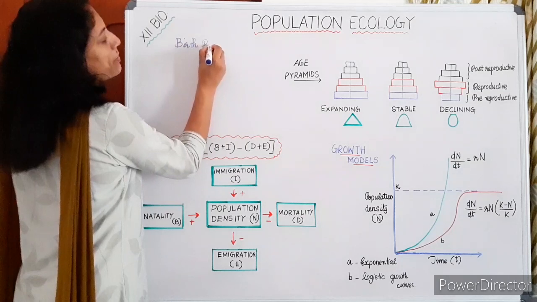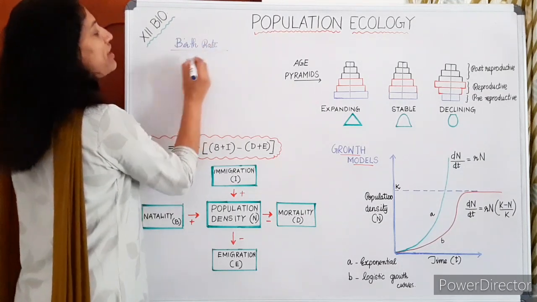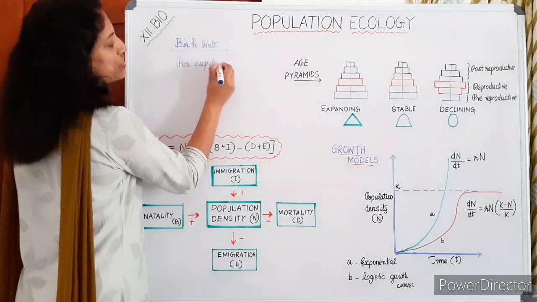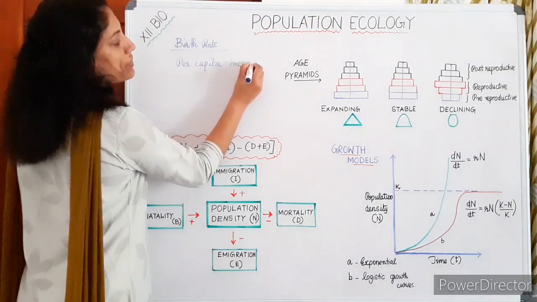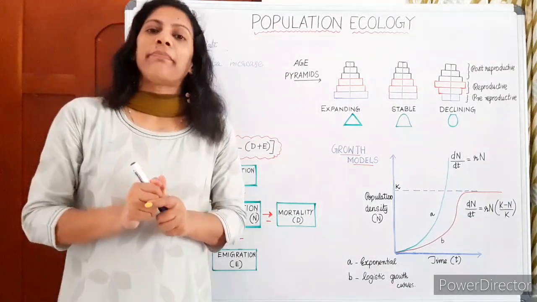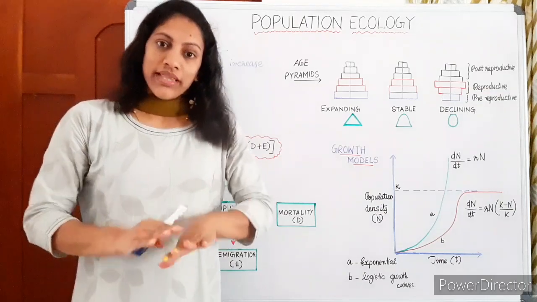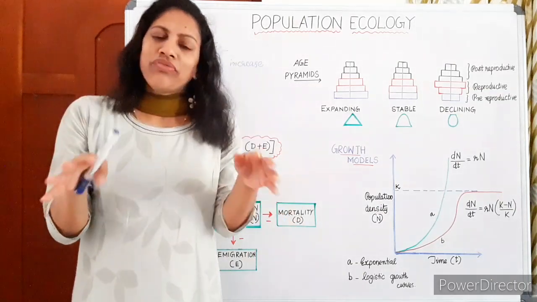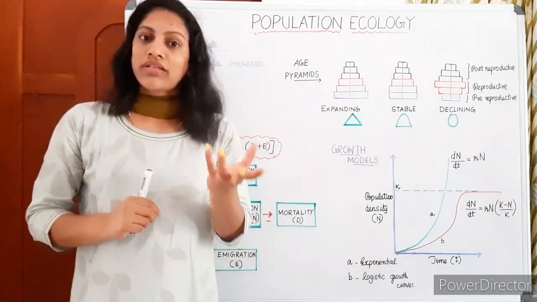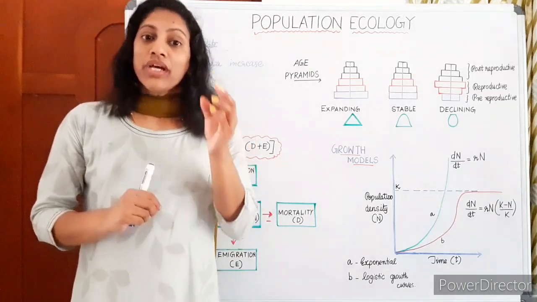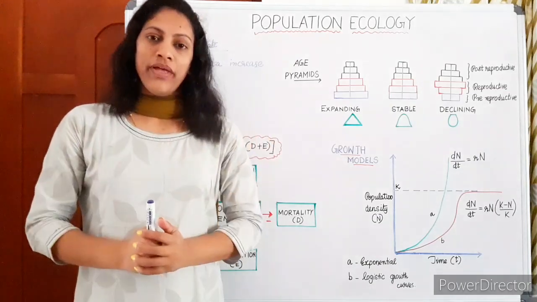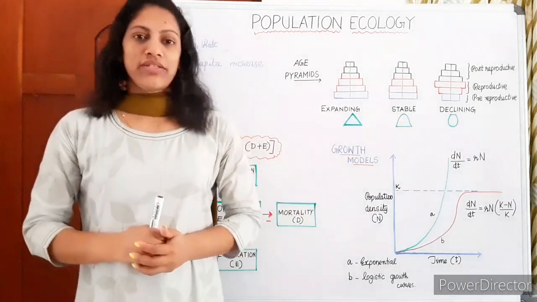How can you define birth rate? Very simple fact. Birth rate is defined as per capita increase. That means the increase to the total. Suppose there is a pond, and for a particular period of time, initially there were 20 lotus plants, and during a period of time 8 more plants were added.